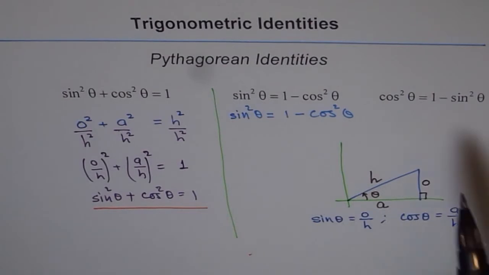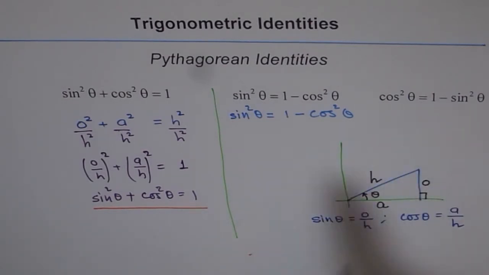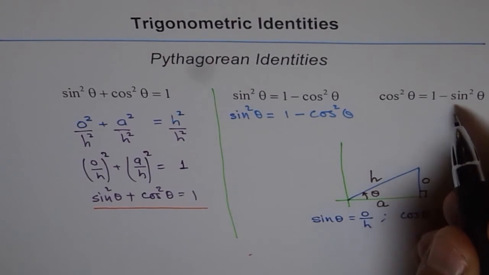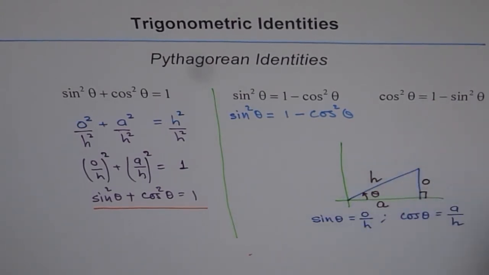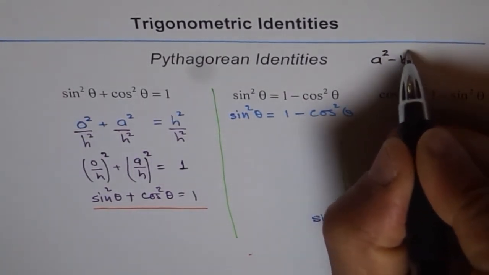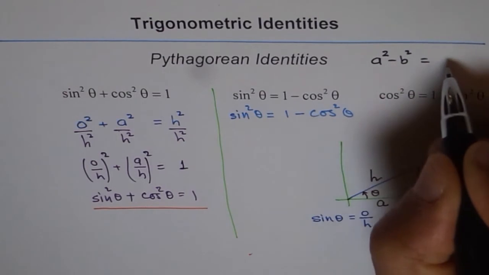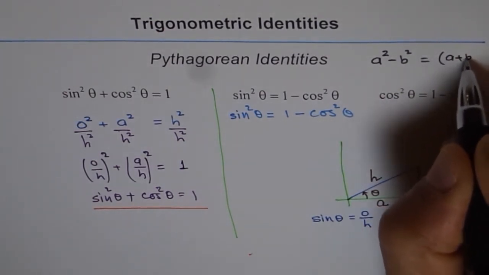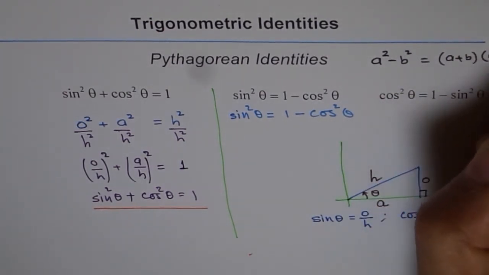You will see most of the questions involving this. And I'll add a few more things here since we're talking about such an important function. Difference of squares: what is a square minus b square equal to? a square minus b square is a plus b times a minus b.